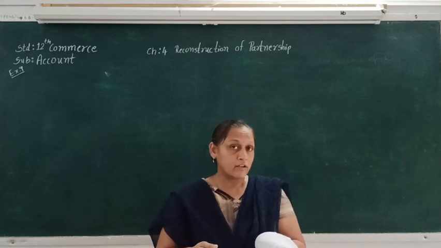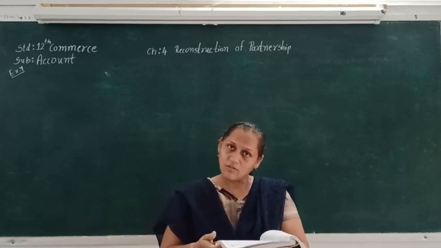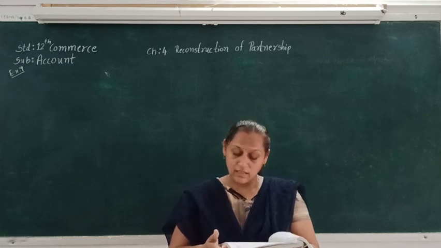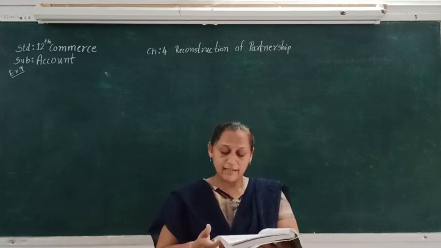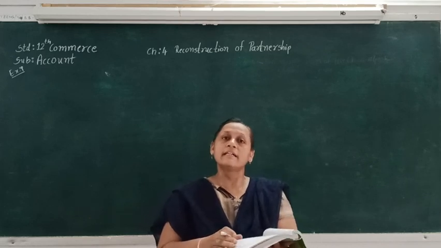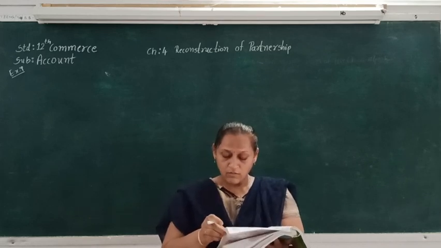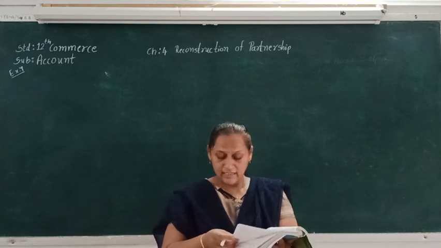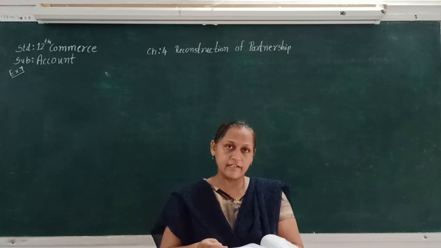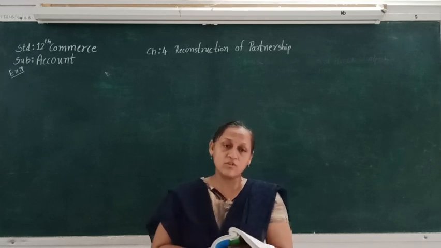So the net debtors are 28,500. Bills receivable is 15,000. Income receivable is 5,000 and cash balance is 1,10,000. The total of the balance sheet is given to us. Both side total is 5,83,500 and adjustments are given to us.